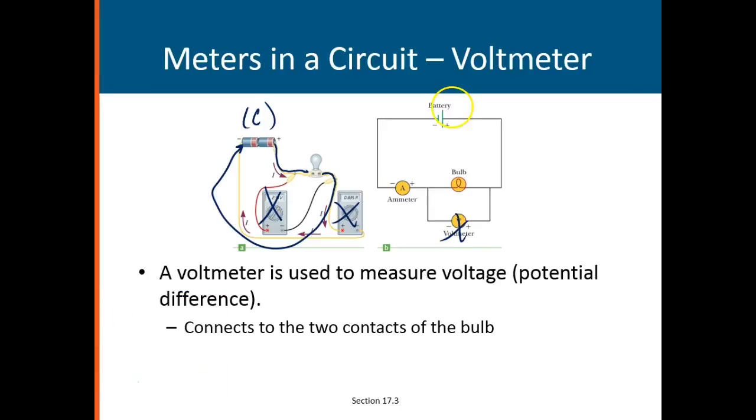It goes from the positive pole of the battery to one side of the light bulb, from the other side of the light bulb to the positive side of the ammeter, and from the negative side of the ammeter goes to the negative pole of the battery. Now, this is D.